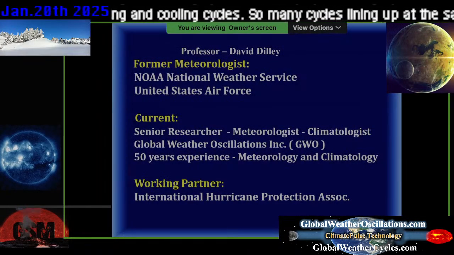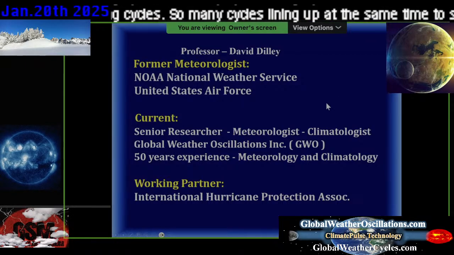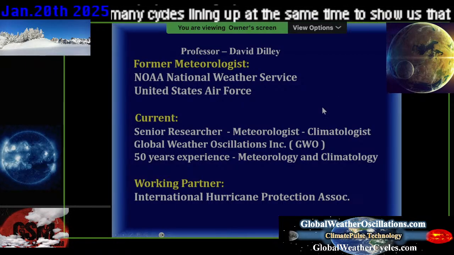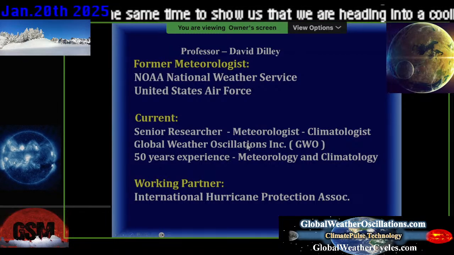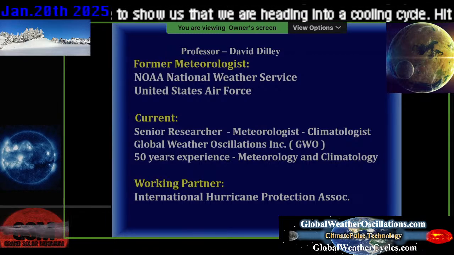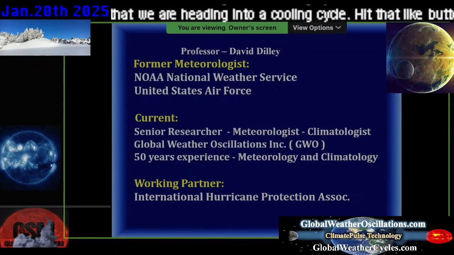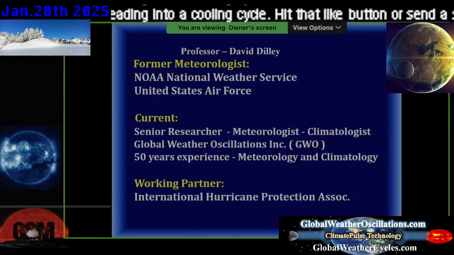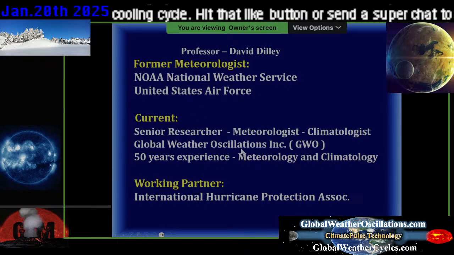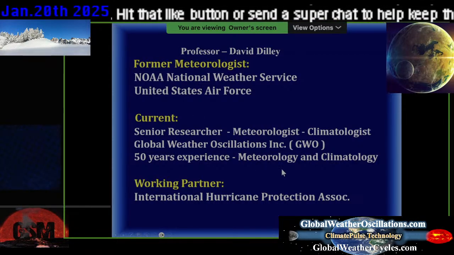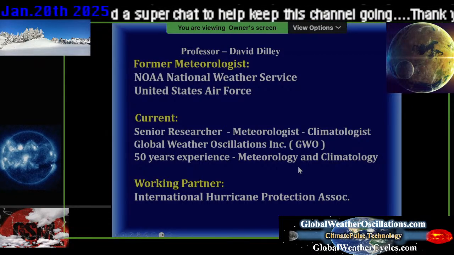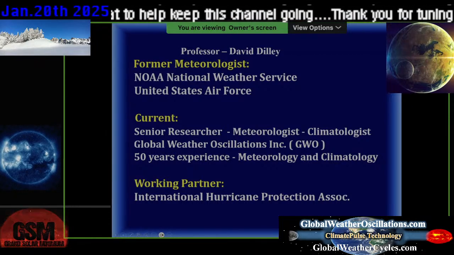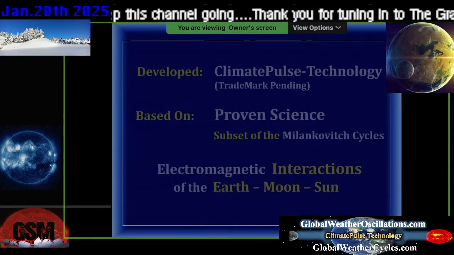I am a former meteorologist from the National Weather Service, NOAA, and the United States Air Force. Now I'm a senior researcher, meteorologist, climatologist here at Global Weather. 50 years of experience. And not sure how I got that. I'm only 25 years old. Anyway, I am a working partner of the International Hurricane Protection Association.